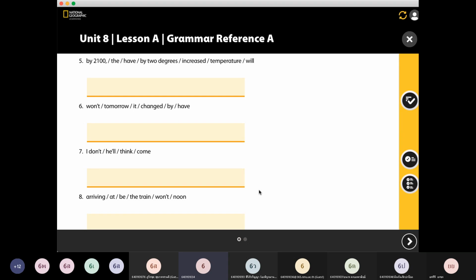Number five: the temperature will have increased by 2 degrees by 2100. You can put that phrase at the front or at the back, it's fine.